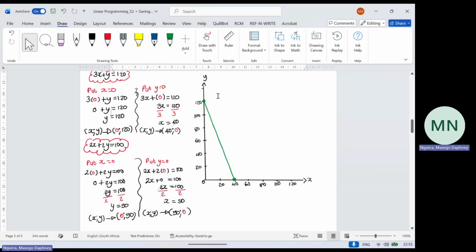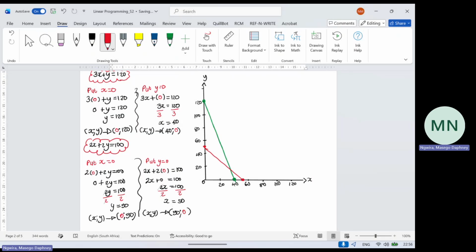Because this is 40, I'm just going to assume that my 50 is between 40 and 60. Same thing here, between 40 and 60. Then you join the 2 points with a straight line. All right, so this is our graph that shows our inequality constraints.